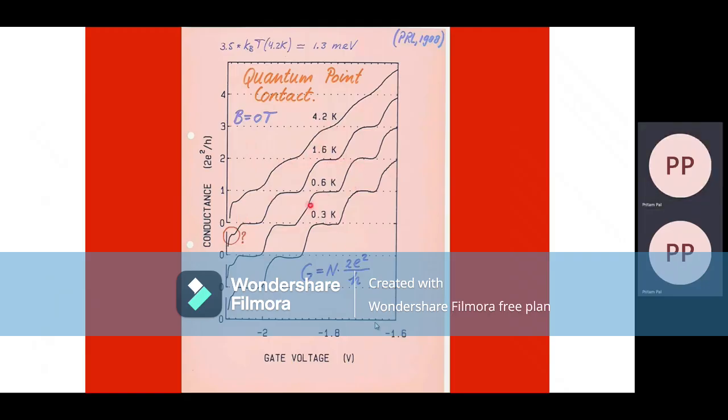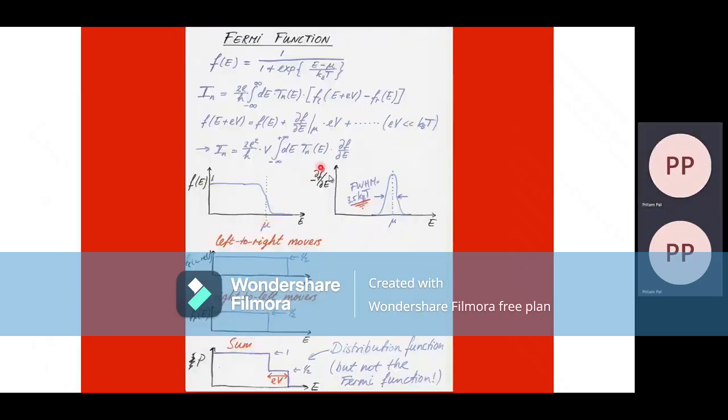The explanation for this is that for finite temperature, we have to consider a finite occupation of the energy levels. And so when we calculate the current that is going from left to right, we cannot just take a sharp cutoff and say that it's proportional to mu1 minus mu2.